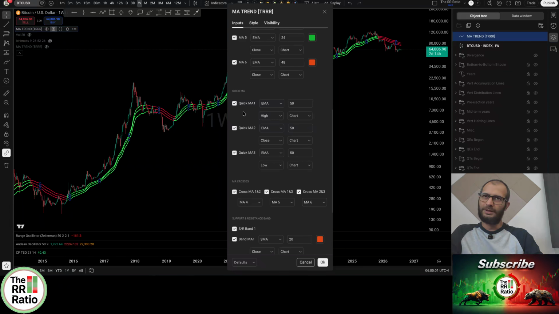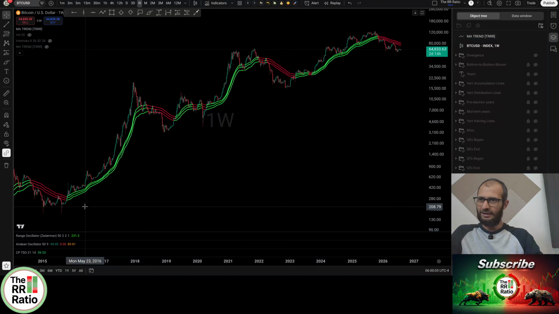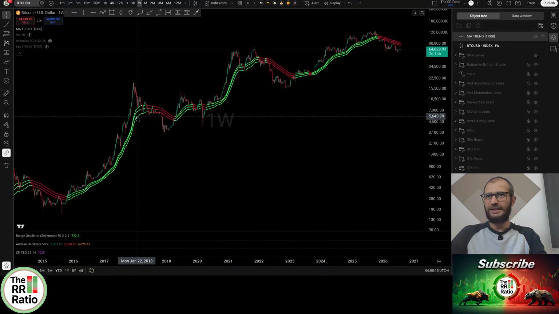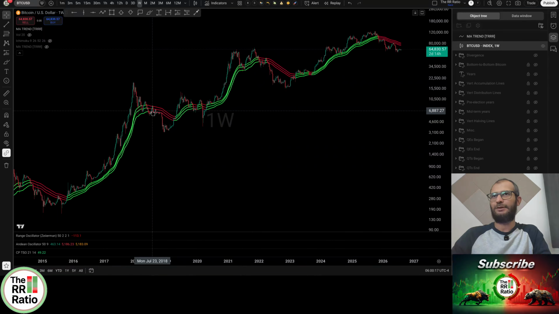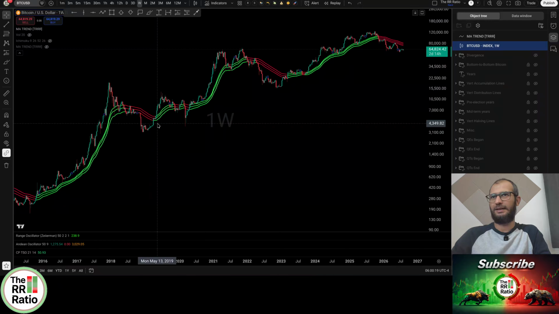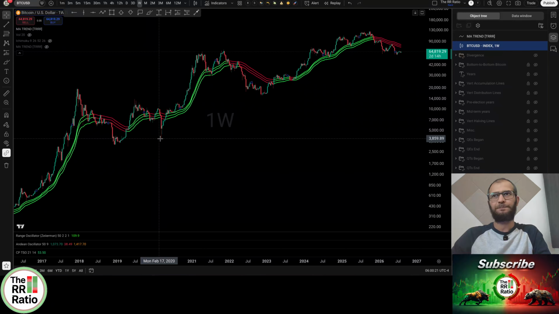Now, what does quick moving average mean? If the price is in an upward trend, it will tell us by highlighting the moving average with green, and if it is in a downtrend, it will tell us that it is in the downtrend.